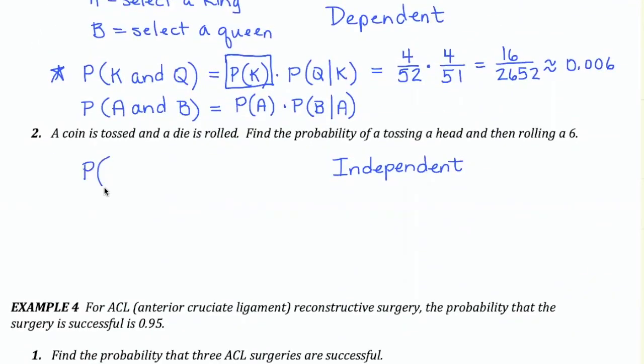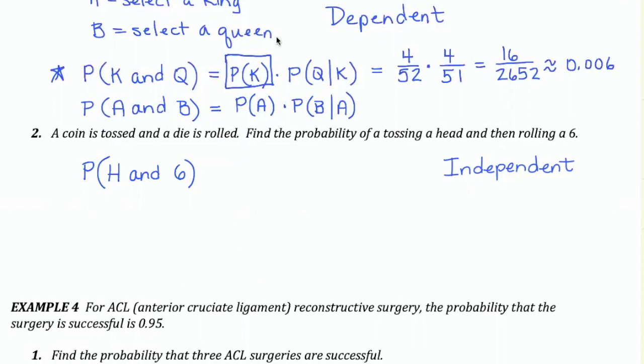Rather than use A and B here, I'm going to say I'm trying to determine the probability of tossing a head, H, and getting a 6. So according to the multiplication rule, I just need to multiply those individual probabilities.